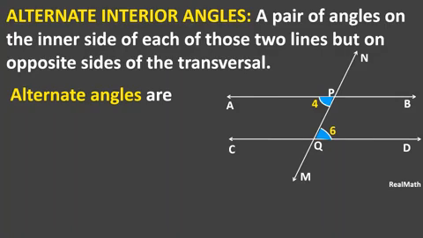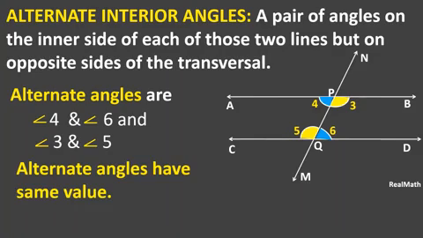One this side and the other angle is on the other side of the transversal. So 4 and 6 are the pair of alternate angles and one more pair is there, 3 and 5. This is also inside the lines and opposite sides of a transversal.